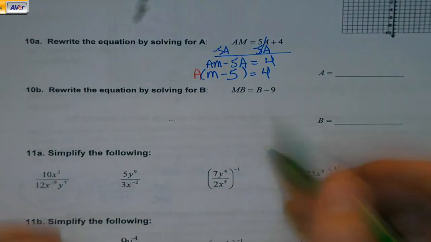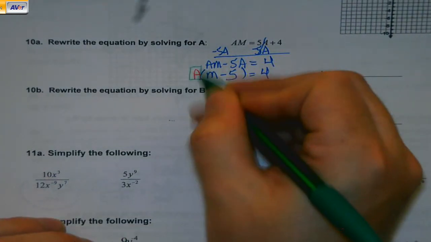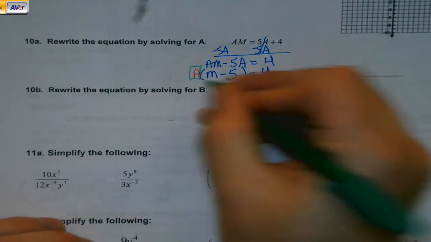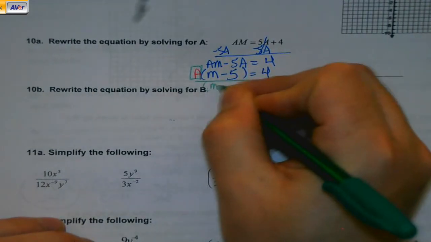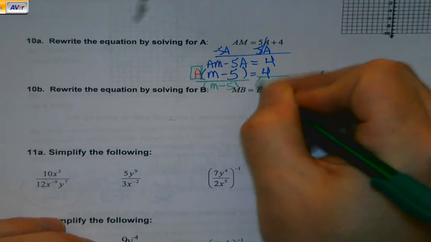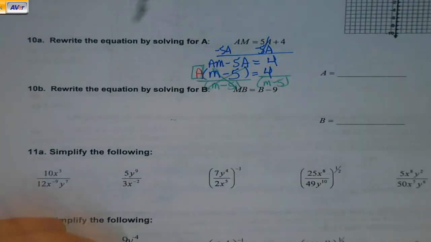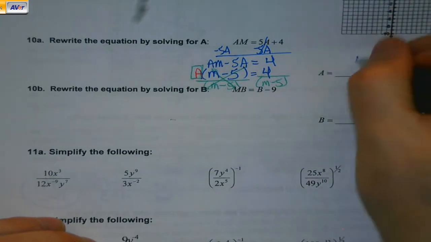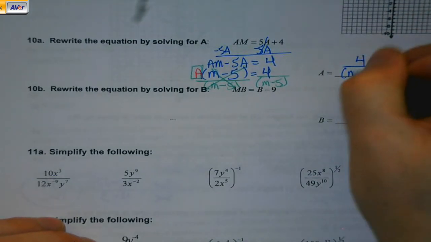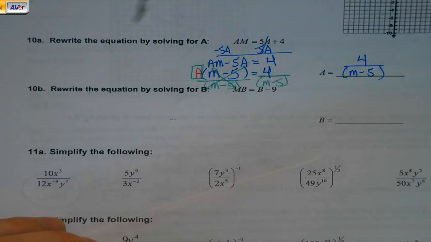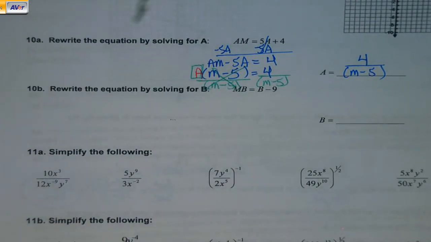So once I get there, if I want to solve for A, and I'm multiplying it by this other term, so A is going to equal 4 over M minus 5. So all A's together, factor out what they have in common, and then divide by what's left.